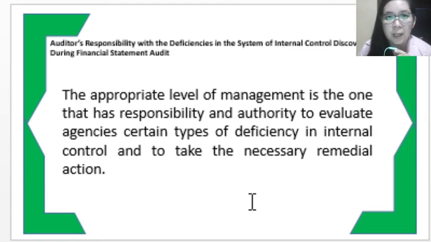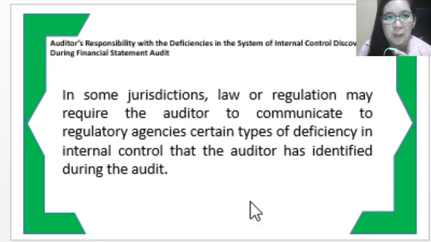So this should be the party that the external auditor should report or communicate those deficiencies in their internal control to. In some jurisdictions, law or regulation may require the auditor to communicate to the regulatory agencies certain types of deficiency in the internal control that the auditor has identified during the audit.